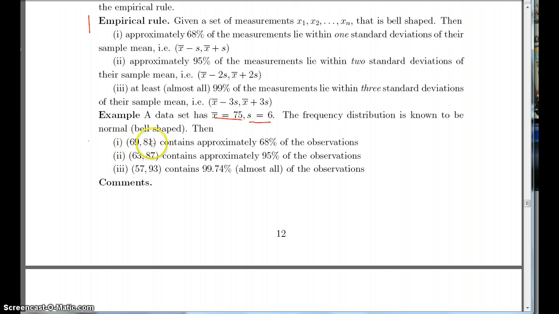So this interval will contain 68% of all measurements. If I take x bar 75, subtract two standard deviations, I get 63. If I add two standard deviations, I get 87. And in this interval, I have 95% of all measurements. Same thing, if I subtract three standard deviations, I go to 57. If I add three, I go to 93, and then I get almost all of the measurements, 99.74%.